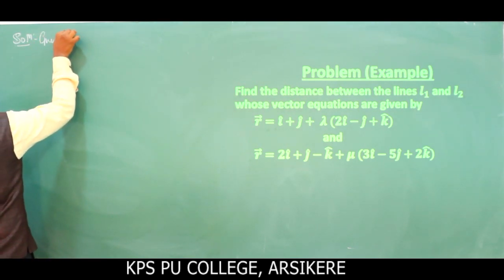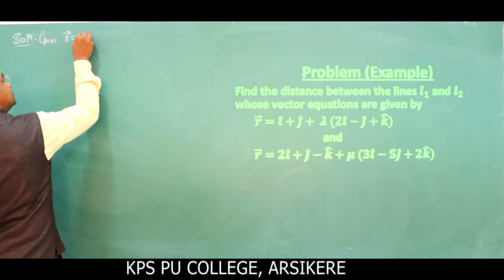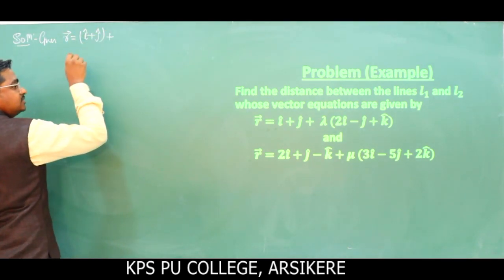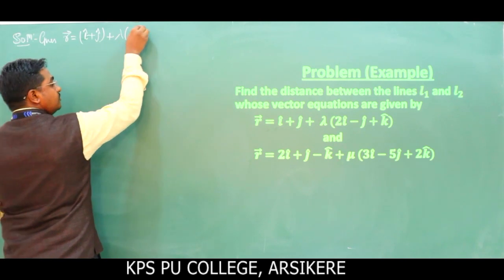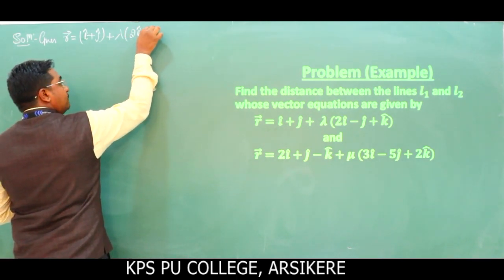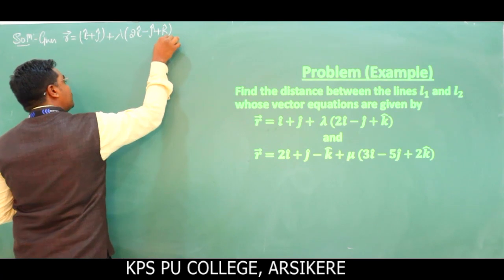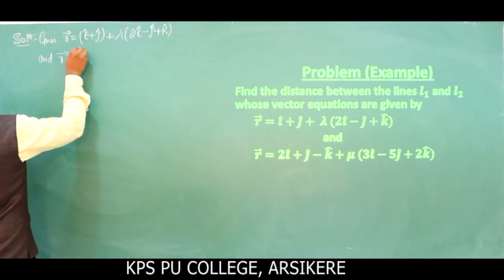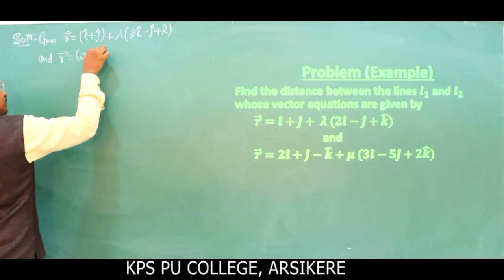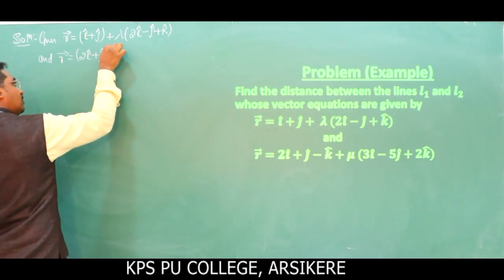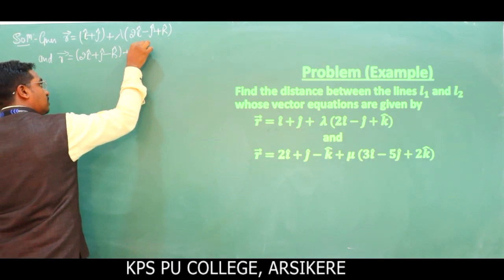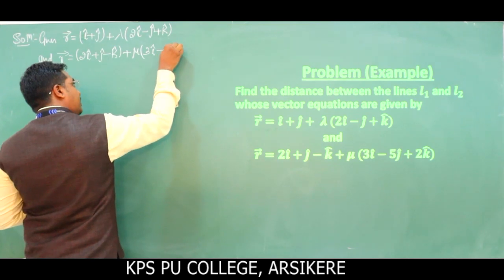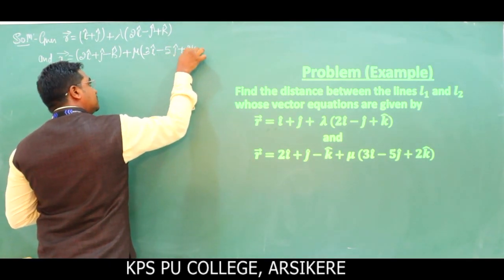Given vector r is equal to i cap plus j cap plus lambda times (2i minus j plus k cap), and the second equation is 2i plus j minus k plus mu times (3i minus 5j plus 2k).